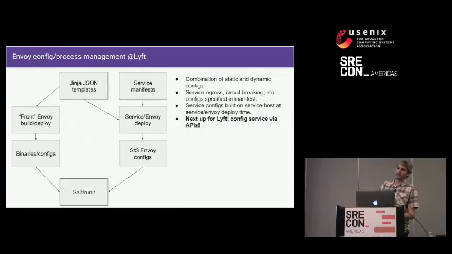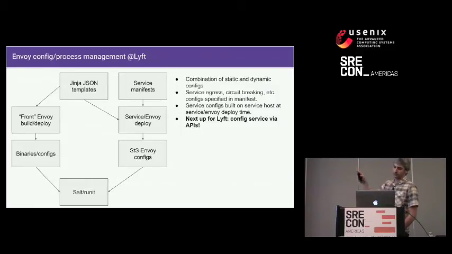So let's talk briefly about how we manage the configs, because when you're running these large architectures, it can become fairly complicated. What we actually do for Envoy is we have a multiple step process of doing config management. We have a bunch of Jinja JSON templates.